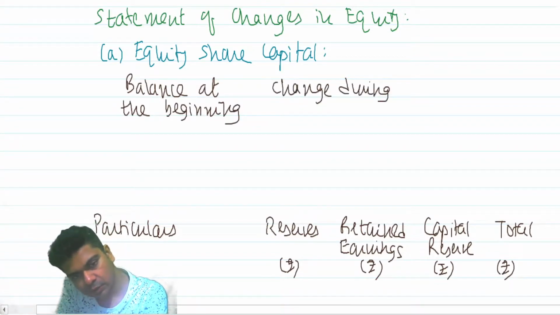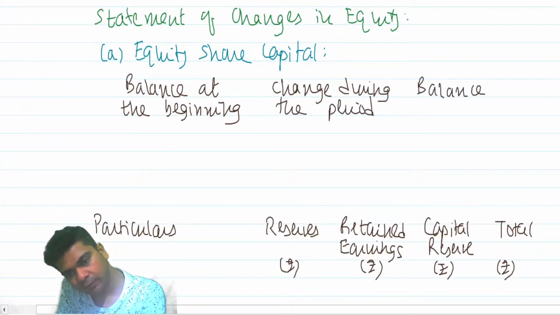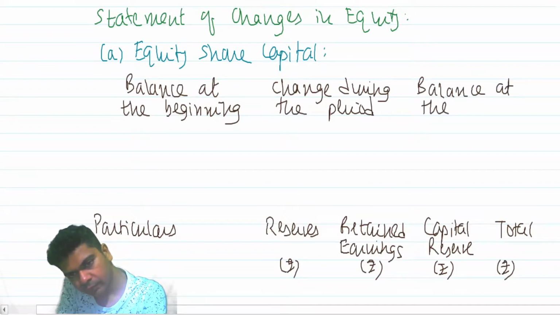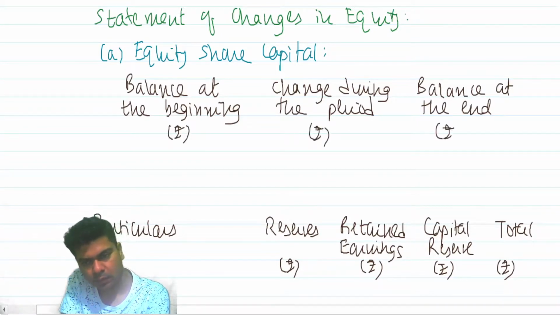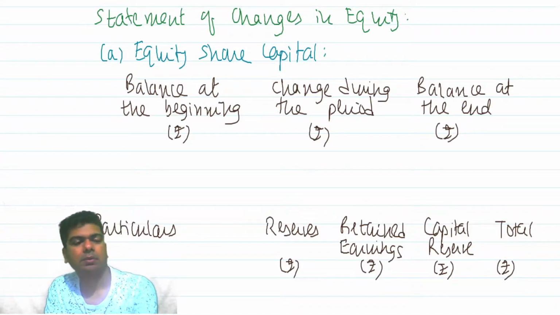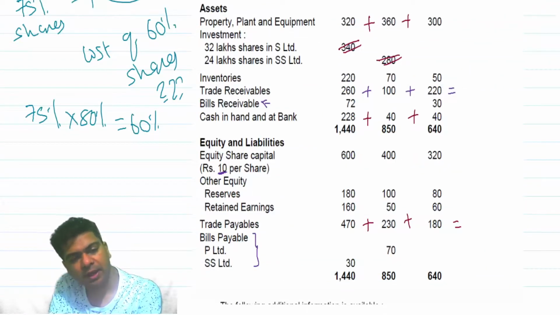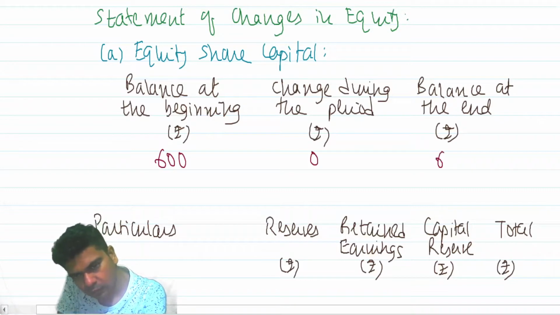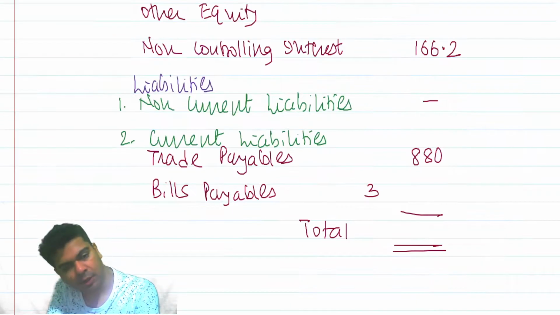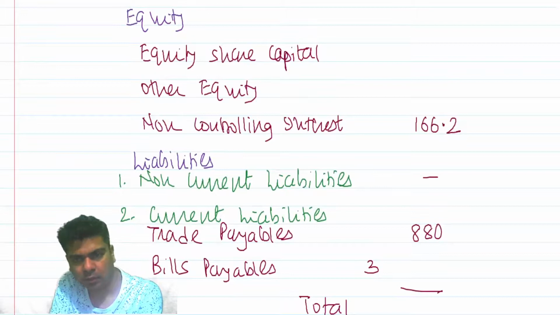Change during the period. Balance at the end. The equity share capital of the parent is 600. Posted in the balance sheet against equity share capital, 600.